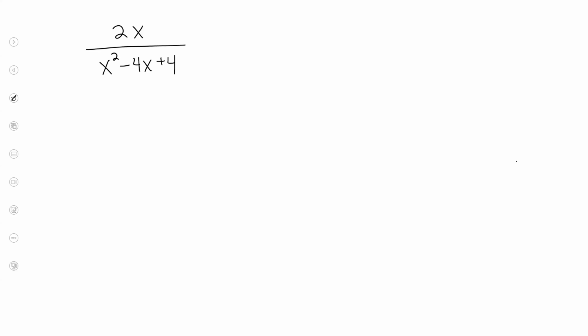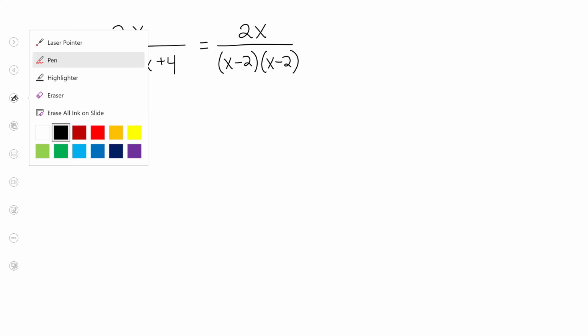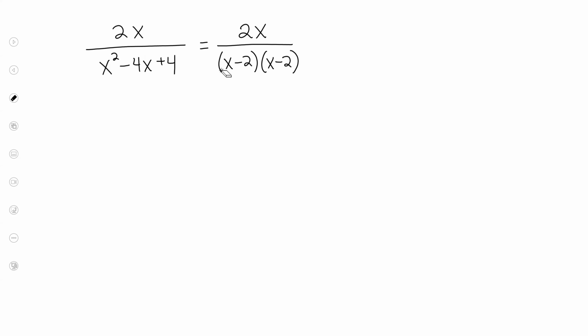Next problem. Now, in order to do partial fraction decomposition, you always need to factor this denominator. So this will be x minus 2 times x minus 2. And how can we rewrite this? Exactly. We can write it as x minus 2 squared, since we had the same thing twice.